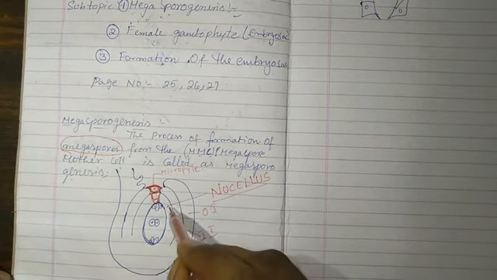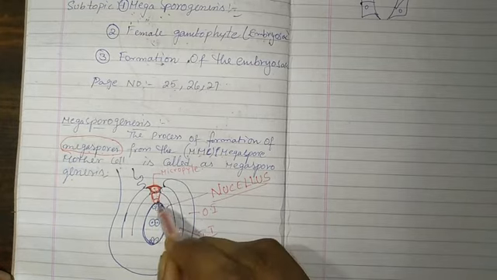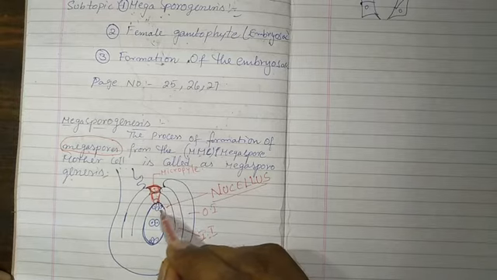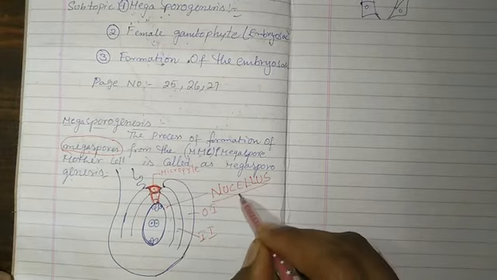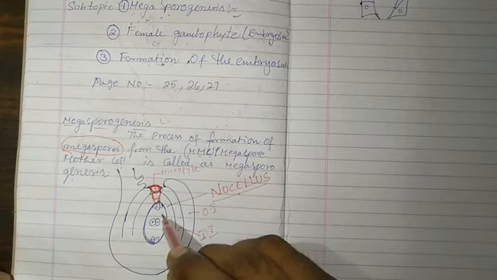And inside the nucellus, as we already know, the embryo sac is formed. So inside the nucellus, the embryo sac is present. And we know that the nucellus contains nutrients and supplies the nutrients to the embryo sac.